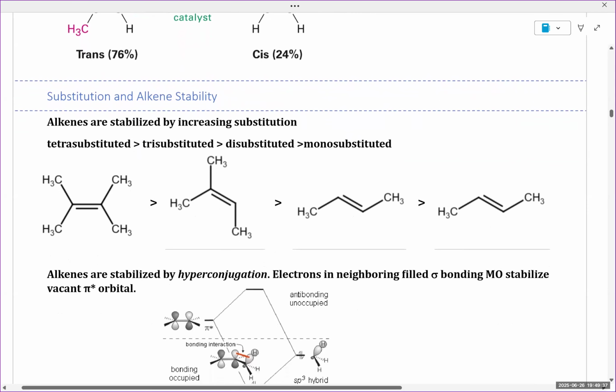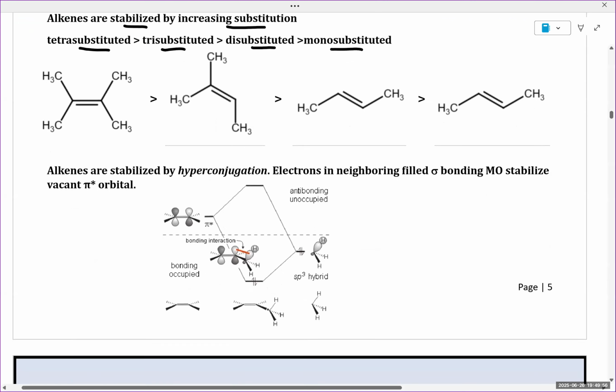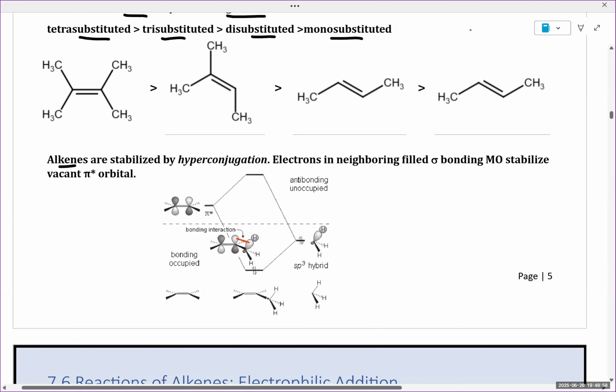Now, in terms of substitution, alkenes are stabilized by increasing substitution, with a tetrasubstituted alkene being more stable than a trisubstituted, which is more stable than a disubstituted alkene, which is more stable than a monosubstituted alkene. Now, why is that? Alkenes are stabilized by hyperconjugation.